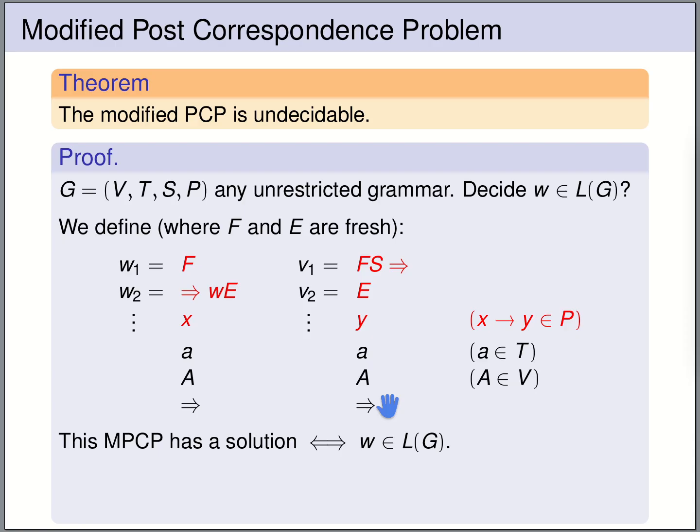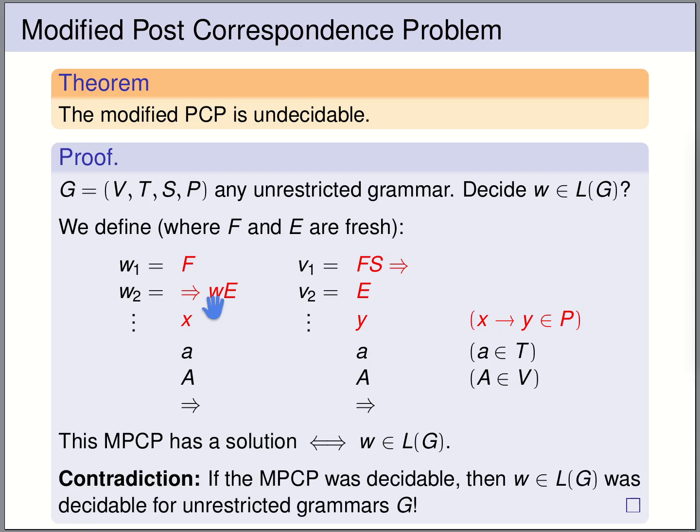Now, this modified PCP has this property, namely that it has a solution if and only if this word W is generated by the grammar, but this is much easier to be understood by means of an example, which we will see on the next slide.